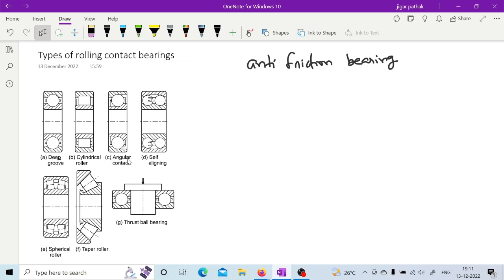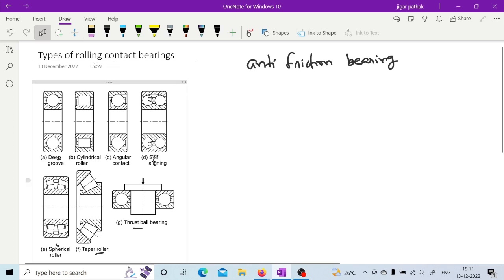There are also angular contact, self-aligning, spherical roller, taper roller and thrust ball bearings. In a rolling contact bearing, mainly four components are there: the rolling element, the outer race, the inner race, and the cage housing all these elements. This is the construction and the types of rolling contact bearings.